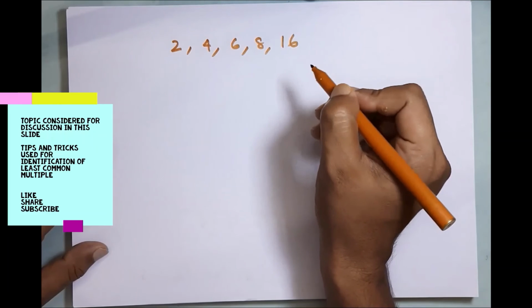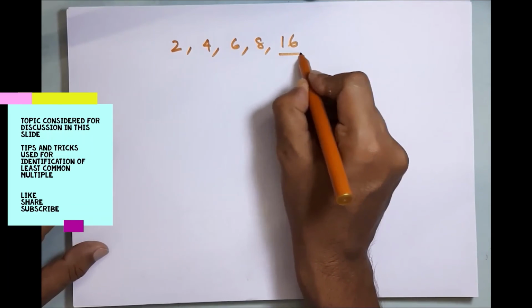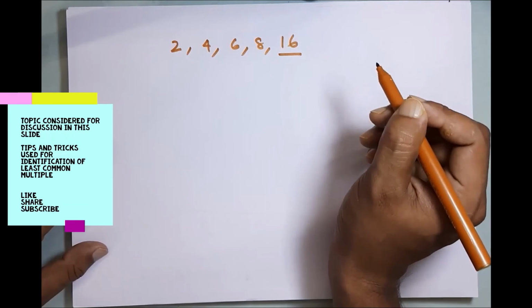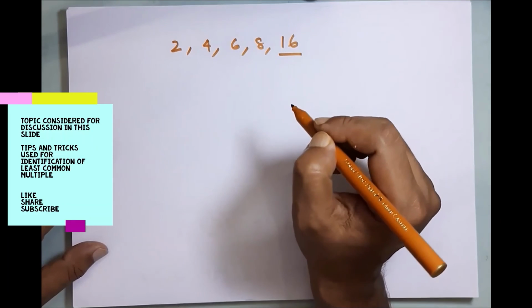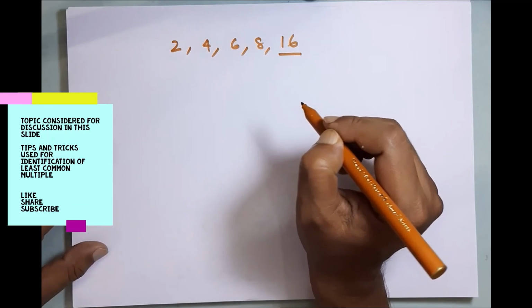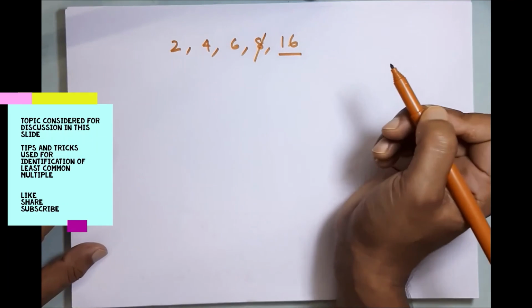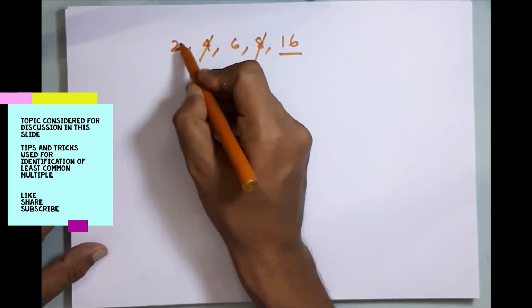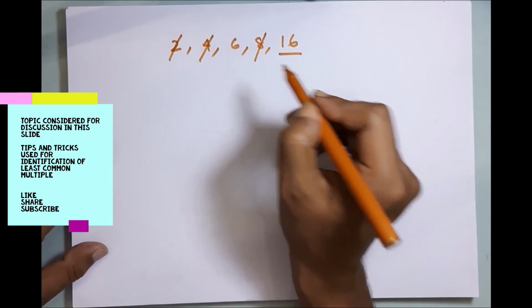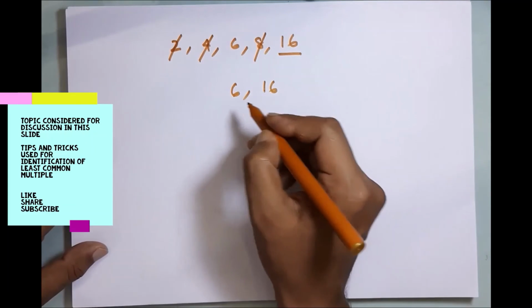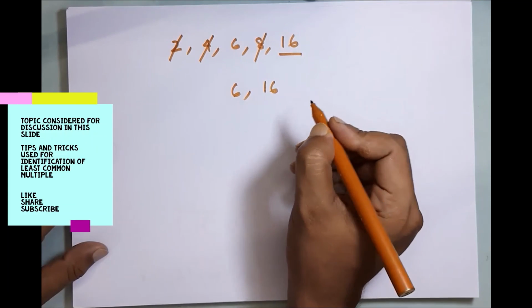The first thing that we normally do is to identify the big number. 16 here is the big number, and we'll be isolating those numbers by which 16 is divisible, and striking them out. Here 8 we can divide, 4 we can divide, and 2 we can divide. The remaining numbers are 6 and 16, and 6 is obviously not a prime number.